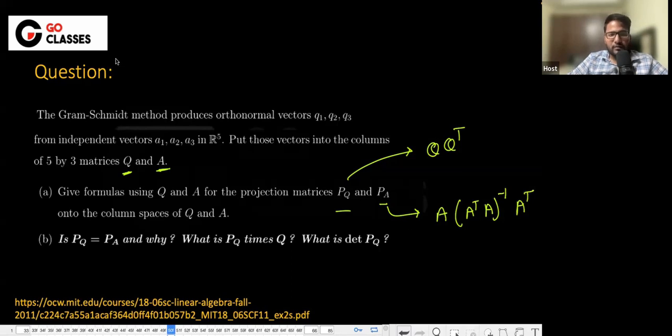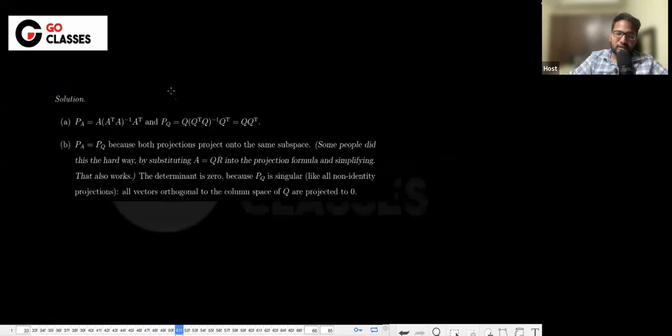Now they are asking whether PQ and PA are equal. Just tell me, are PQ and PA equal? So let's see the answer. Here this is PA, and PQ is coming out to be Q Q transpose.